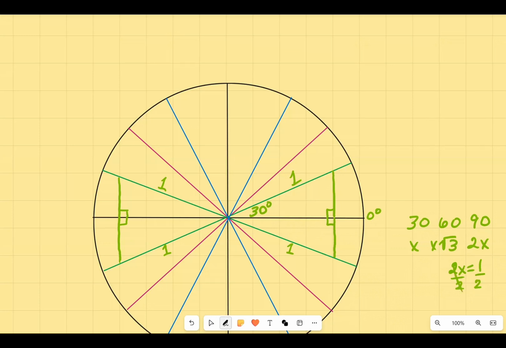So now I know that x is 1/2, and then I take that 1/2 and I multiply it times root 3 to find my adjacent side. So that's going to be root 3 over 2. And that's all I really need because, of course, if I put 2 times 1/2 here, the 2's will go away, and now I'm left with 1, which we already knew to begin with. So that's another way that you can do it.